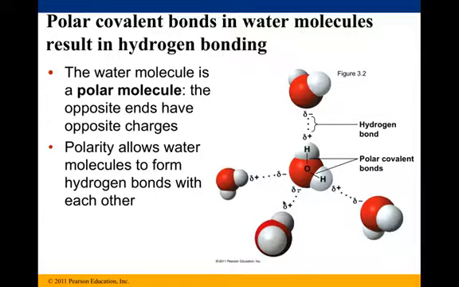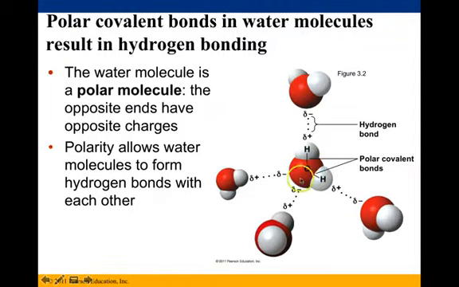Coming to the bonds again, let's revisit polar covalent bonds and hydrogen bonds. Remember, in a single water molecule, the oxygen atom is bonded to the hydrogen atom by sharing a pair of electrons, and this pair of electrons is shared unequally. So this is called a polar covalent bond.